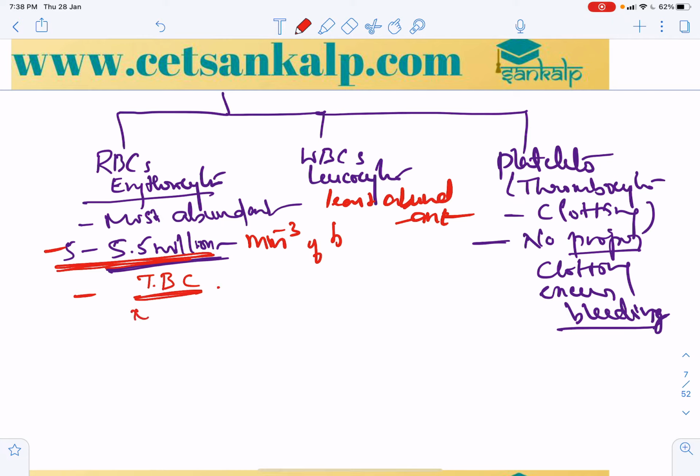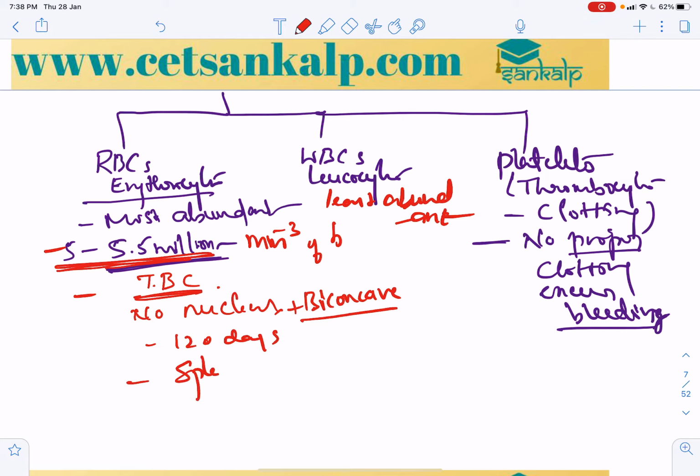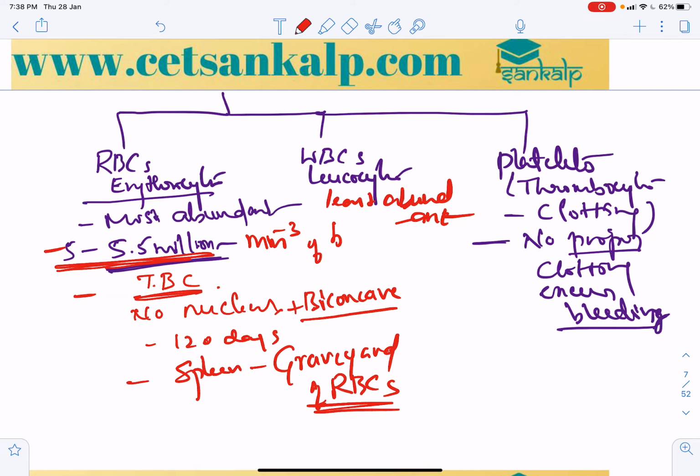RBCs have no nucleus, and generally they are biconcave cells. The lifespan is 120 days, and they are destroyed in the spleen. That is why the spleen is called the graveyard of RBCs, where damaged and infected cells are destroyed.